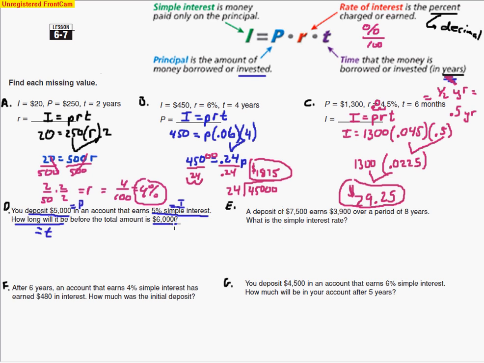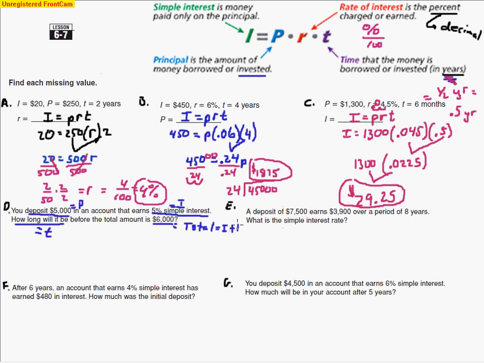So this represents the total amount of money. So the total is the interest plus the principal. Oops, I put an equal sign there. Let's change that real quick. Interest plus the principal. And so when we deal with the total, we've got to do a little bit of work here first.